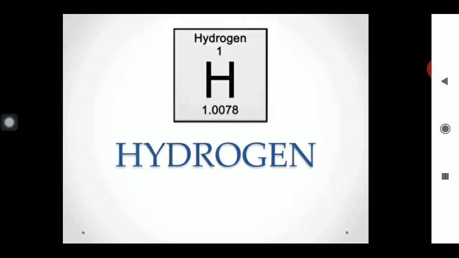Hydrogen is a unique element which avoids the octet rule and completes its duplet only. So we can say hydrogen is one of the important elements of the Mendeleev's periodic table, and in this periodic table, one by one we will discuss the complete properties of hydrogen.